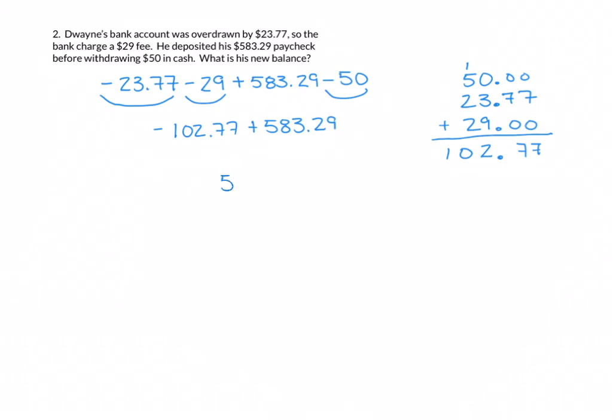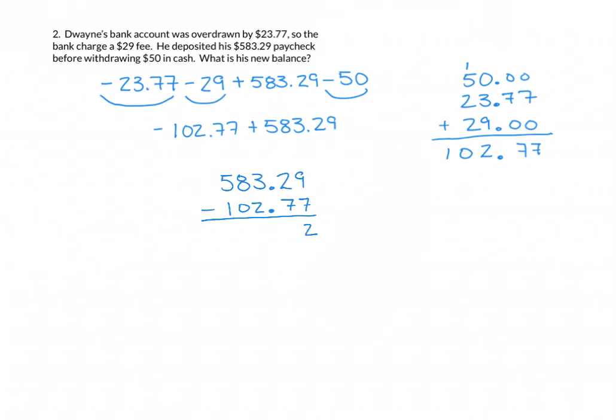I'm going to put my larger number on top. And my smaller number on bottom. All right, so if we subtract, we get 9 minus 7 is 2.